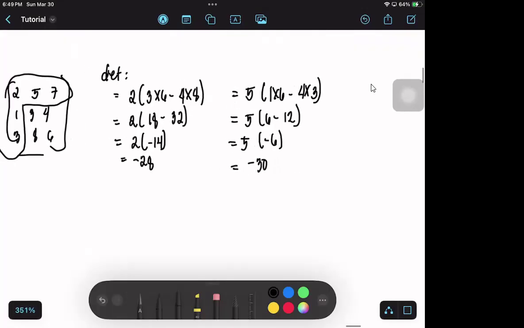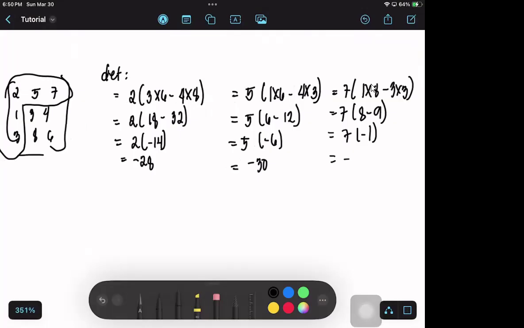Then, following the 7, that will be 1 times 8 minus 3 times 3. 8 minus 9 will become negative 1, and then it will become negative 7.